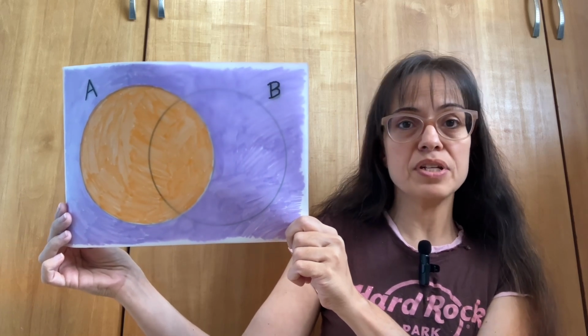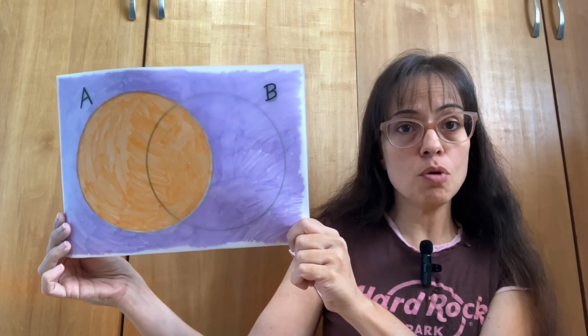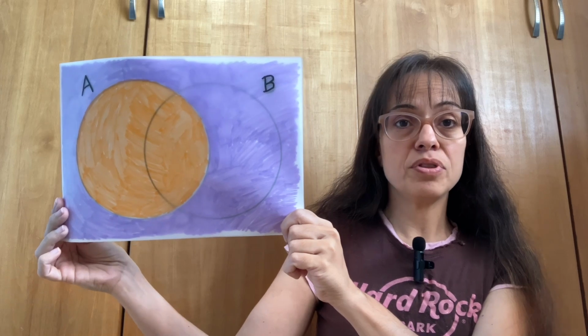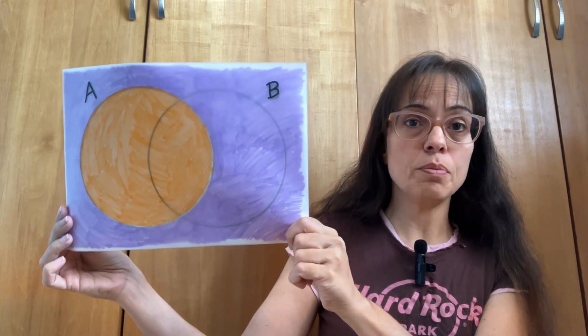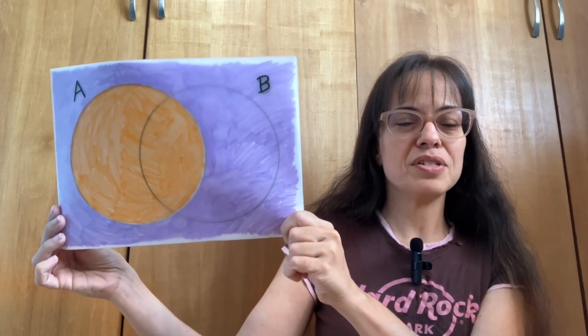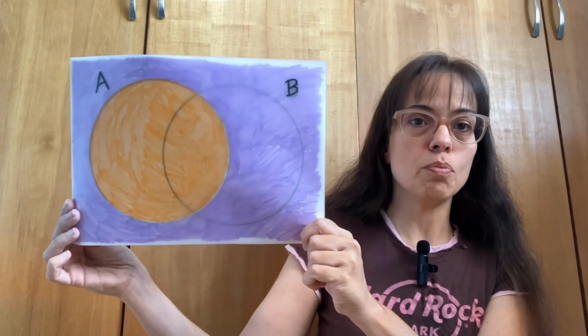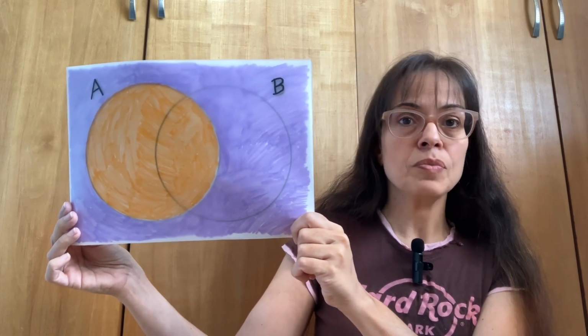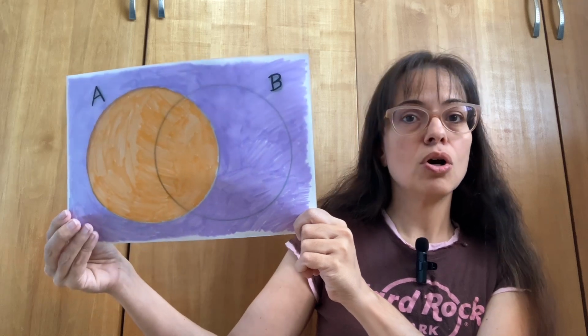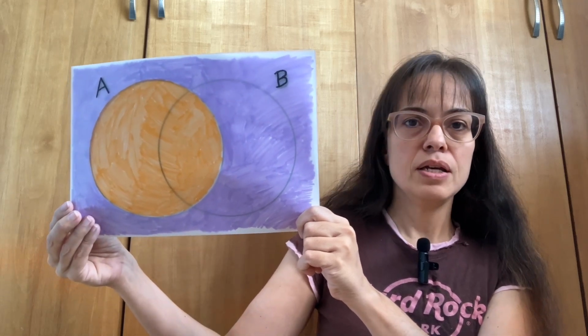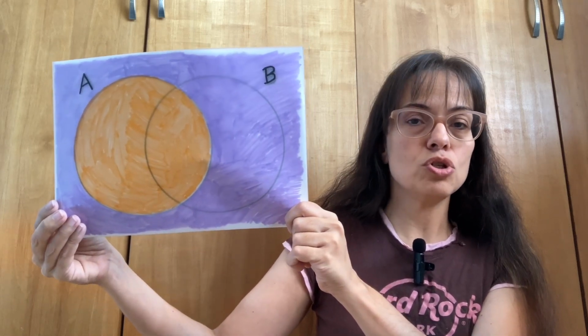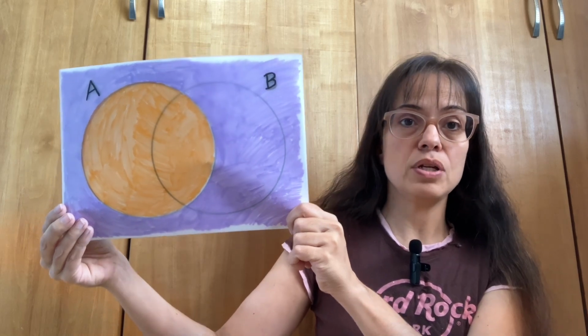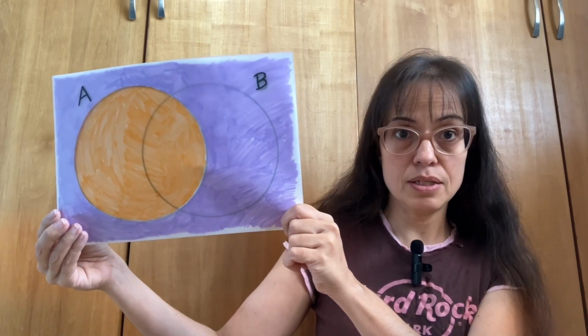So the orange one is A, the purple is the complement of A, and when you put the set together with its complement, you get everything. In other words, the union of A with complement of A has probability 1, which is 100%, everything. But the intersection of A and complement of A is nothing. There is no intersection. Nothing is overlapping. So the intersection between A and its complement is 0.